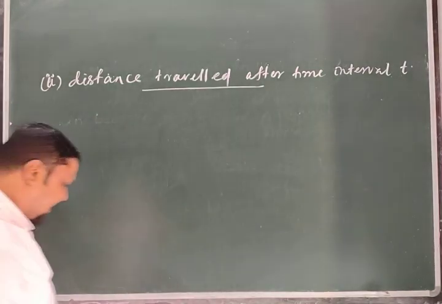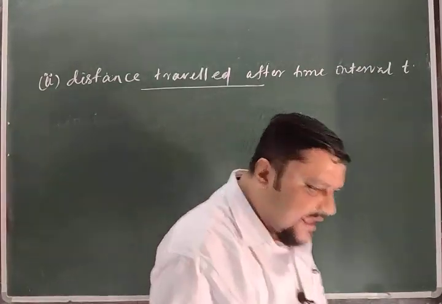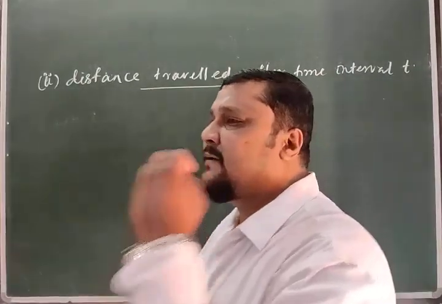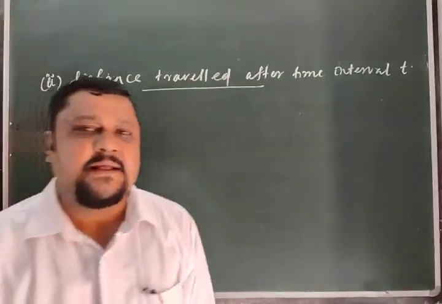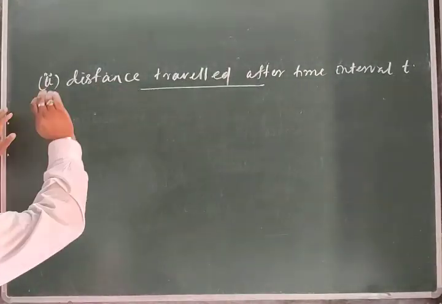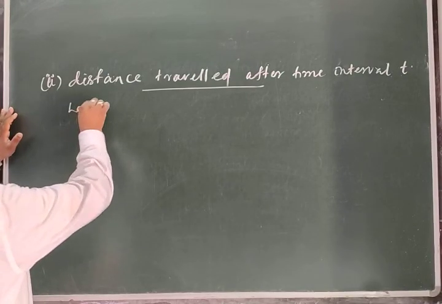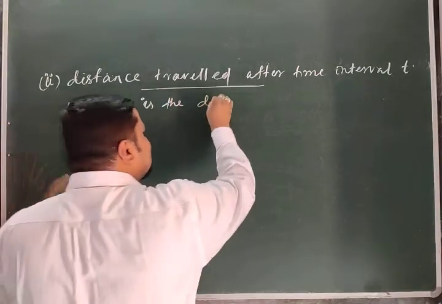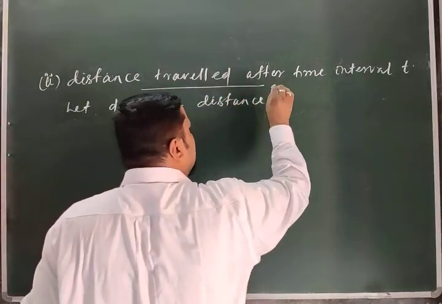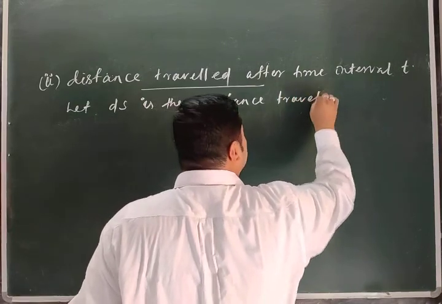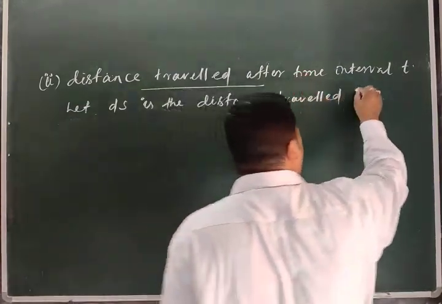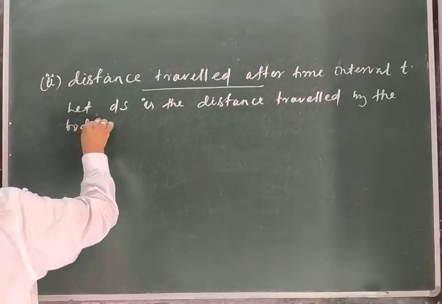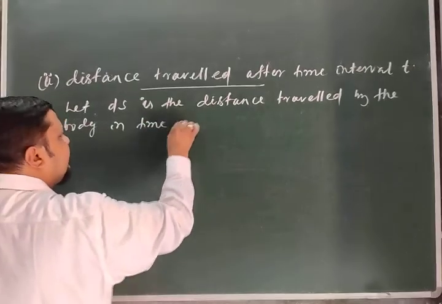Do the same, write the same thing. Let a body be moving with uniform acceleration a along a straight line. Make this a practice while doing the equations of kinematics. Now for this, let ds be the distance traveled, or displacement, by the body in time dt.